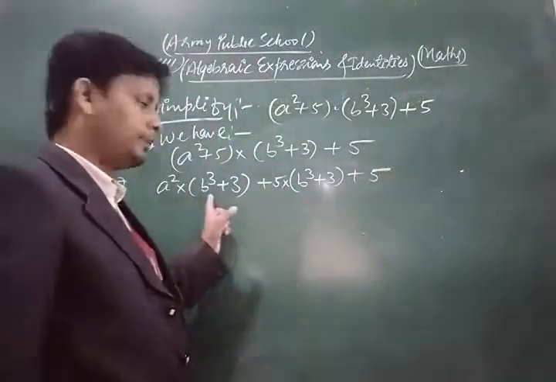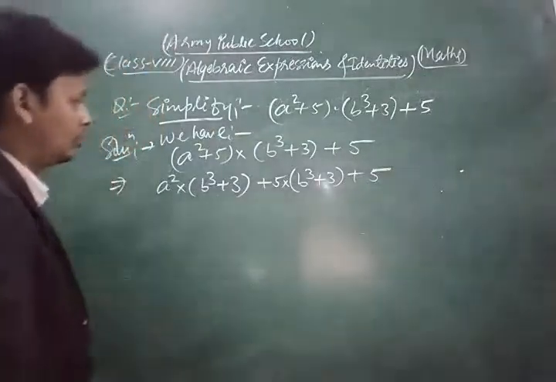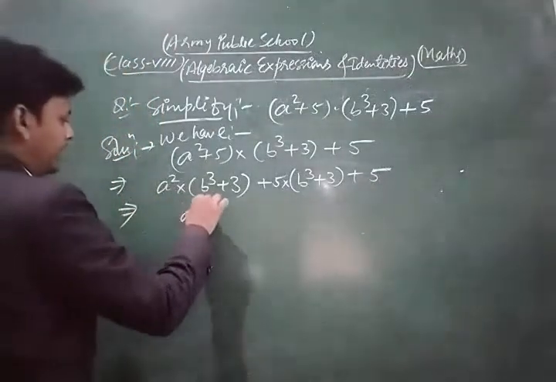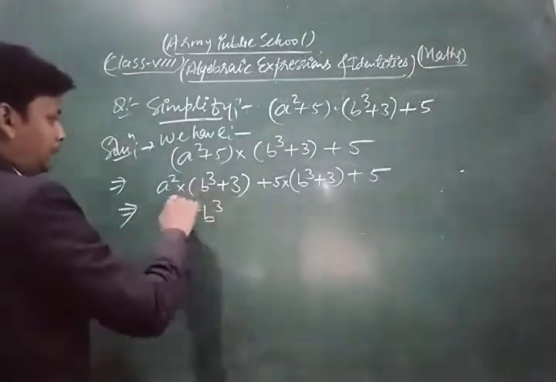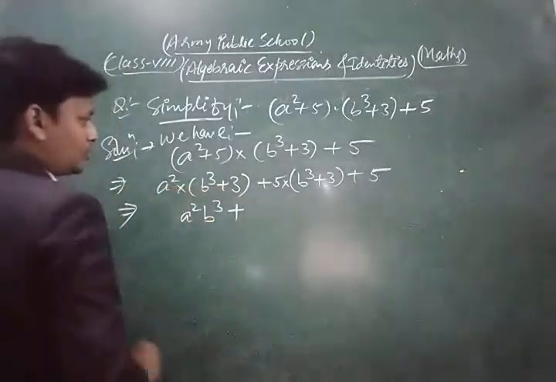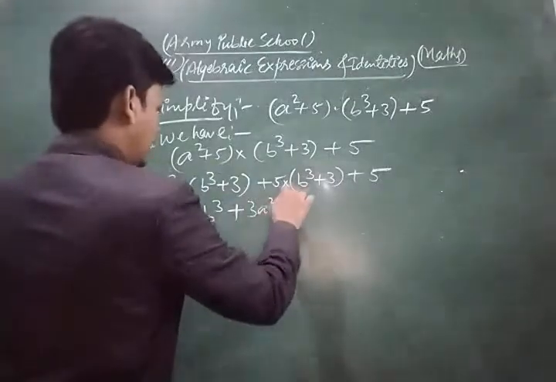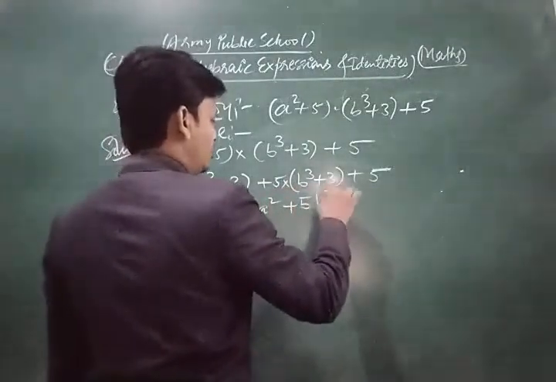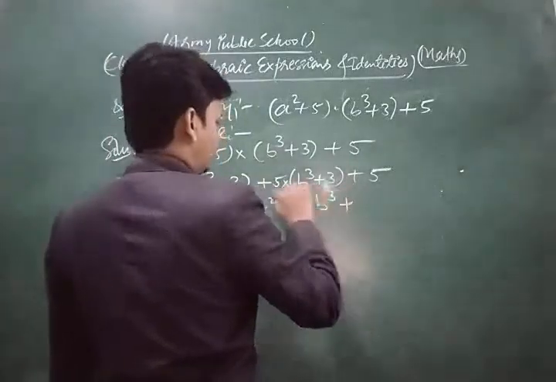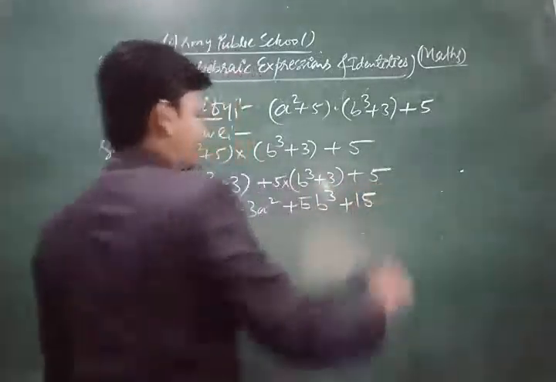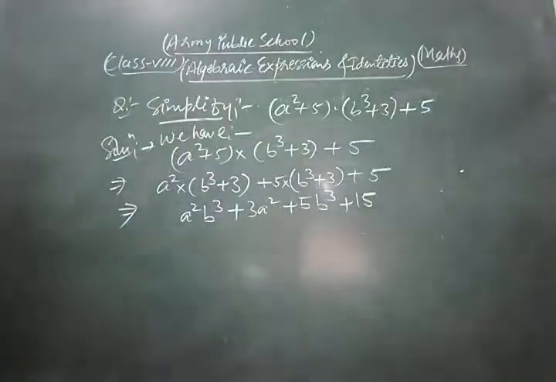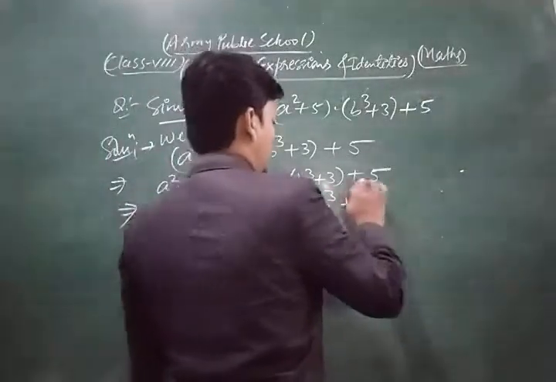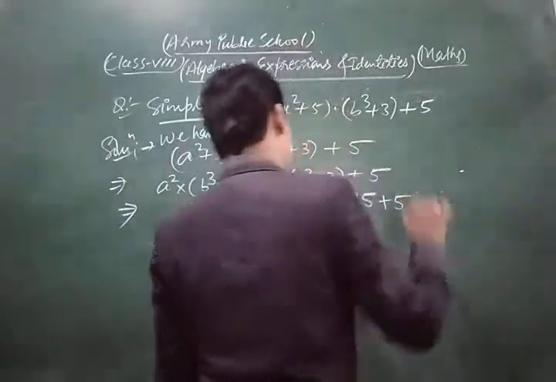Now we multiply them. So we have a square into b cube, that is a square b cube, plus 3a square. Now plus 5 into b cube, that is 5b cube, and plus 5 times 3, that is 15, and plus 5 as it is.